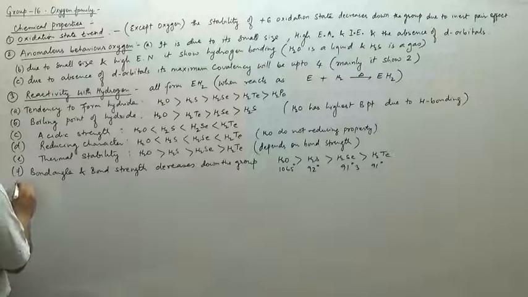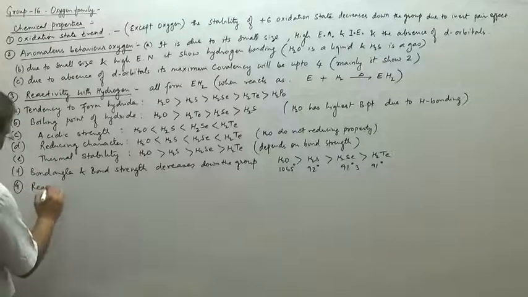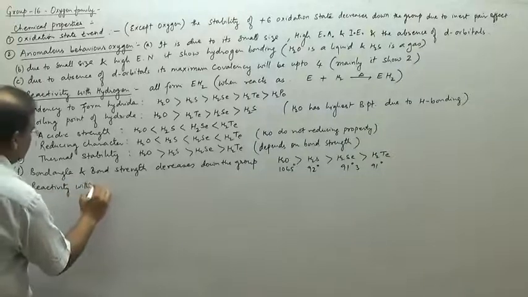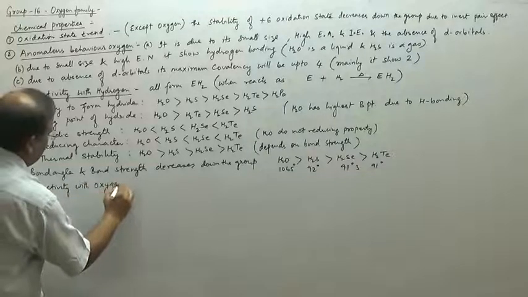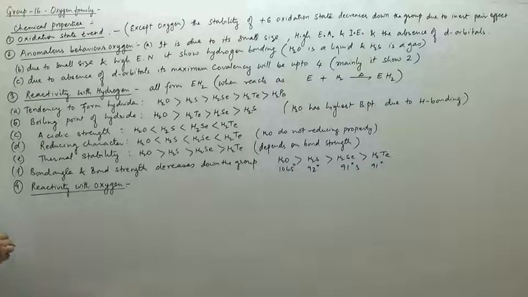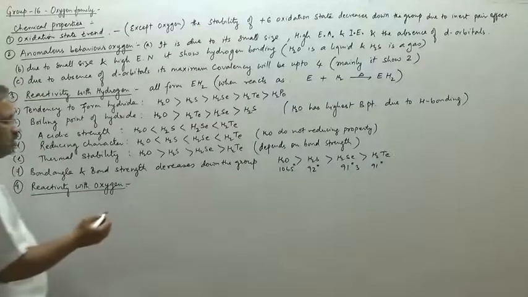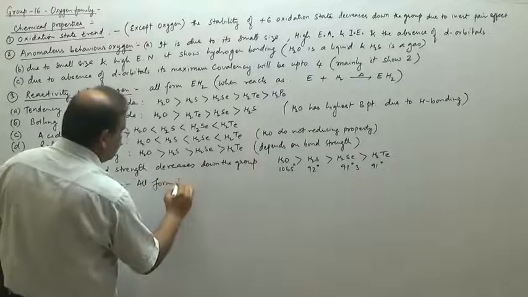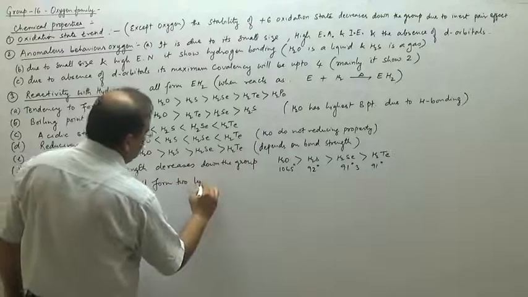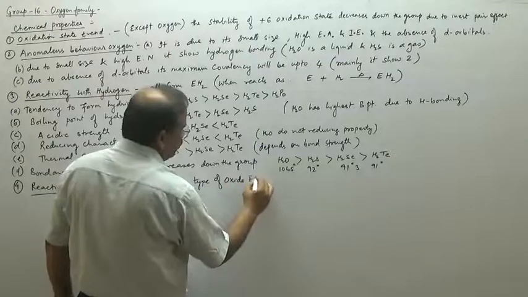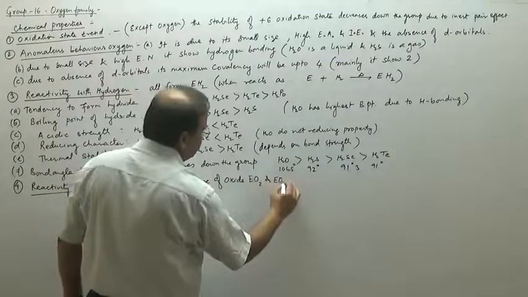Now, if I talk about the reactivity with oxygen, I'll write that. With oxygen, all will form oxides, no doubt. Towards oxygen, all form two types of oxides, EO2 and EO3.